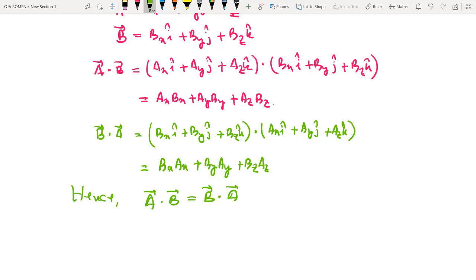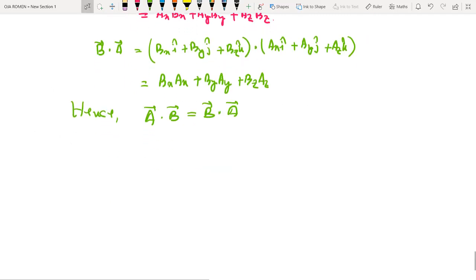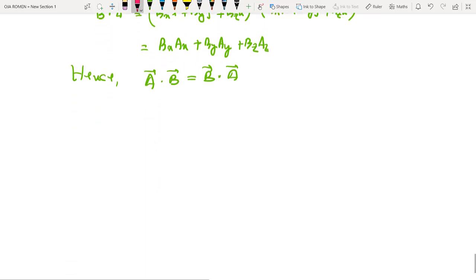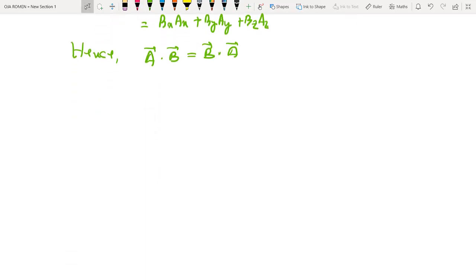Now we can consider some applications of the dot product.